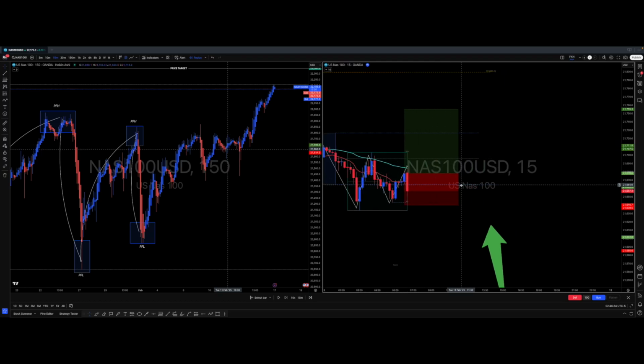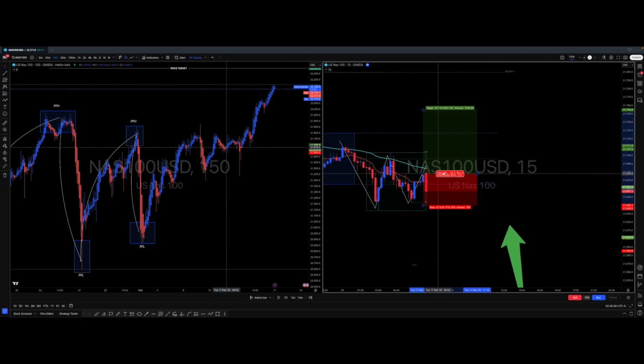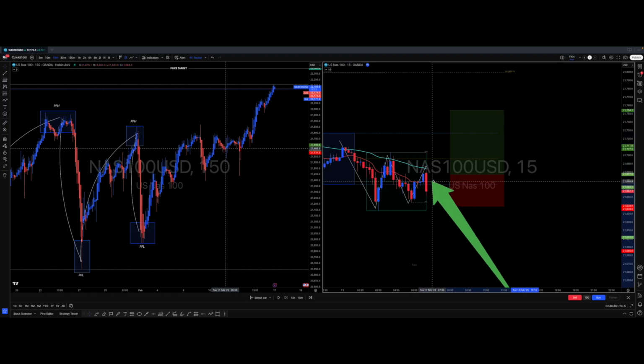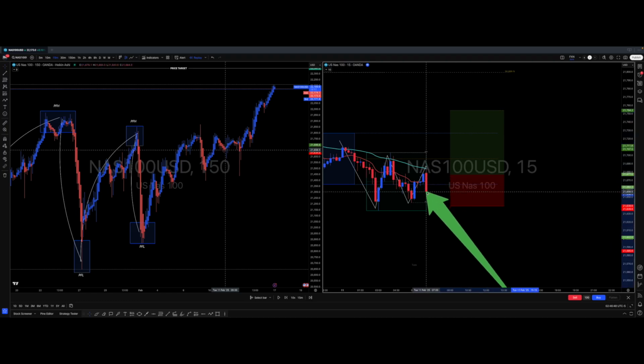Now, where is the entry? Well, if you waited for the next candle, which I always tell everyone to do, so you can get a better entry, you would have gotten this massive red candle.